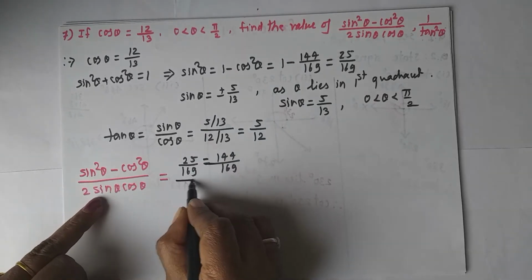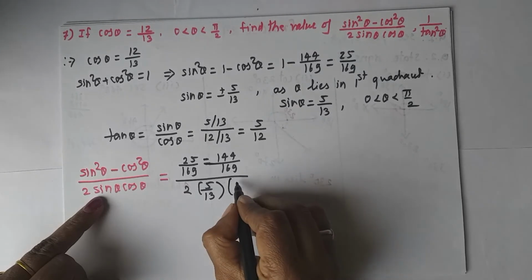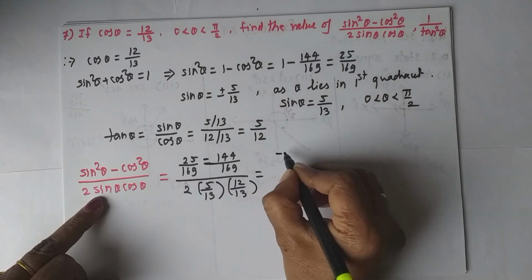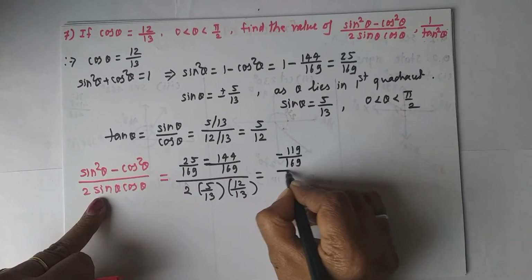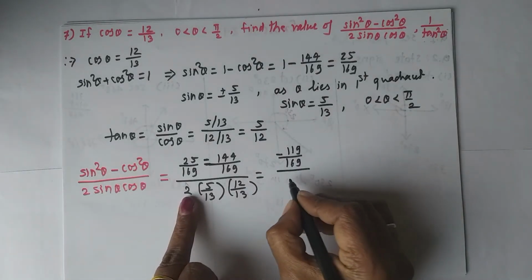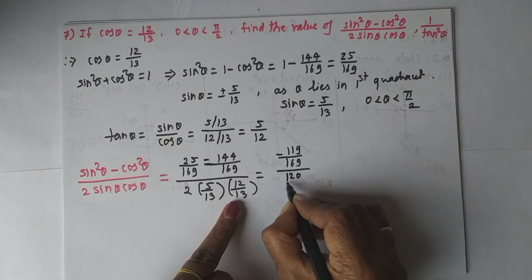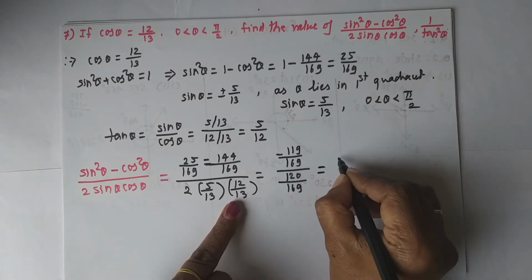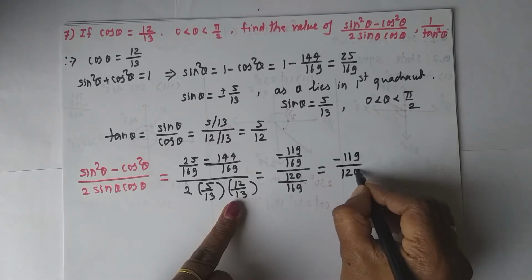And here 2 times sin theta 5 by 13, cos theta 12 divided by 13. Now simplify this. This is minus 119 divided by 169, and this will be 5 into 2 is 10, 10 into 12 is 120, so 120 divided by 169. And this 169 will get cancelled and we will get simply minus 119 divided by 120.